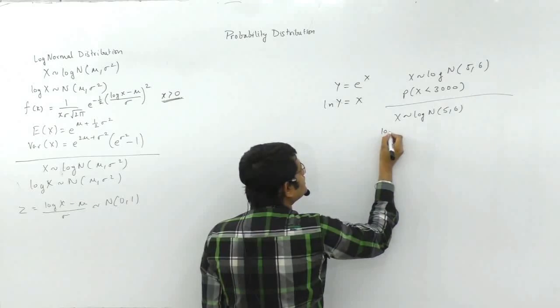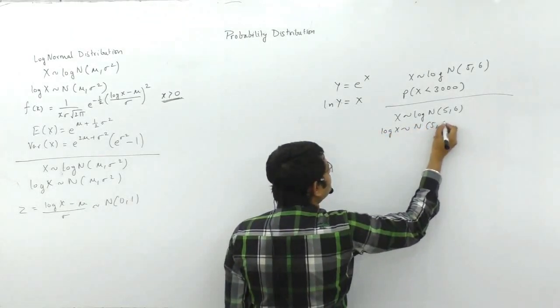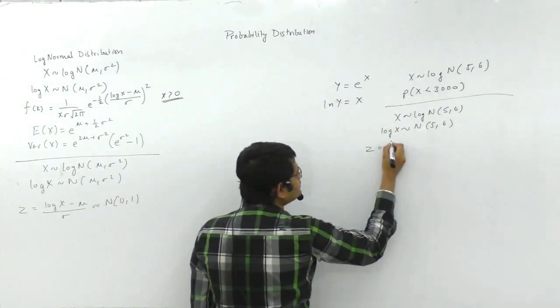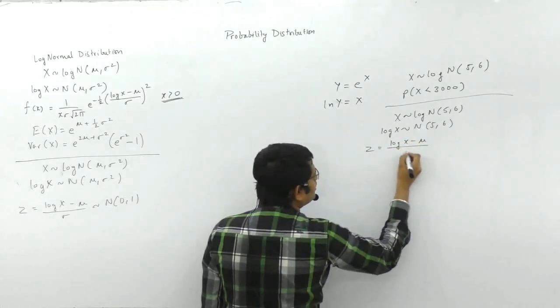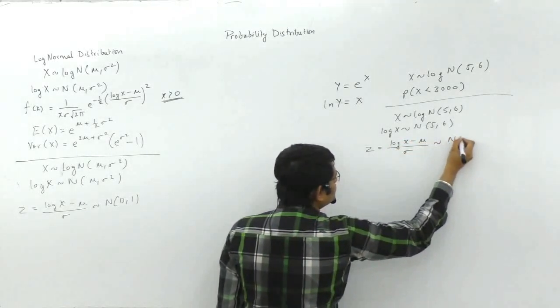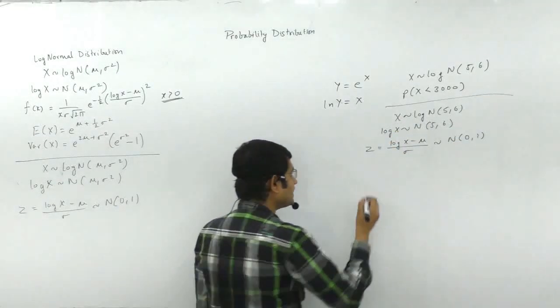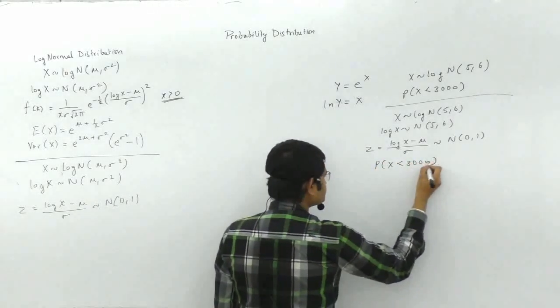Then we'll convert. We'll say log x will follow normal 5, 6. Then we'll say our z, that is equal to log of x minus mu upon sigma, will follow standard normal 0, 1.